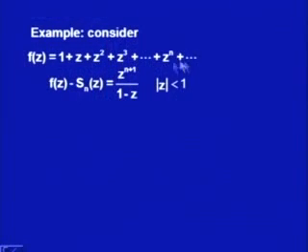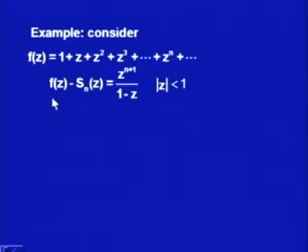Now, we consider this power series 1 + z + z^2 + z^3. This is a geometric series, and we know that f(z) - s_n(z), that is the partial sum. The difference between f(z) and the partial sum is z^{n+1}/(1 - z), for |z| less than 1.